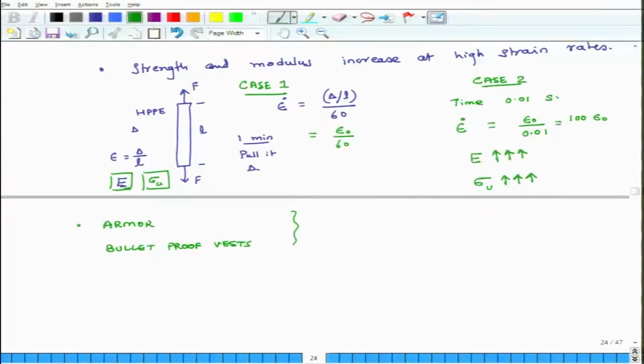So, these are very efficient materials for these kinds of high strain rate applications, and they are more advanced and they have less density. Kevlar is also good for high strain rate applications, but what is Kevlar's density?